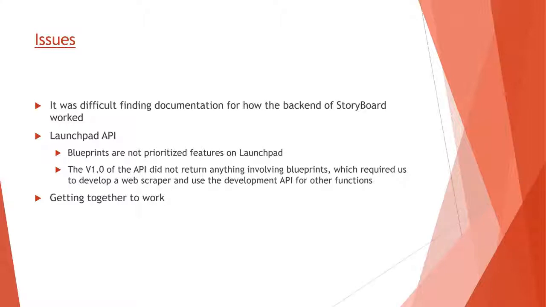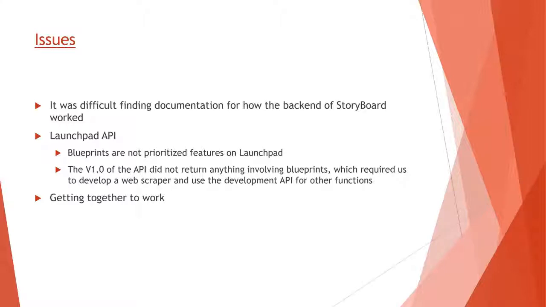Blueprints were not prioritized as a feature on Launchpad. It was apparently something that the CTO made up in his spare time, and everybody loved it. And the ongoing development team did not keep it as a large priority.